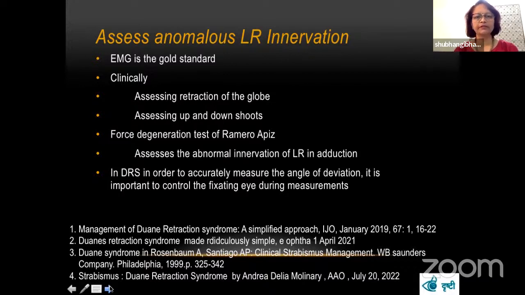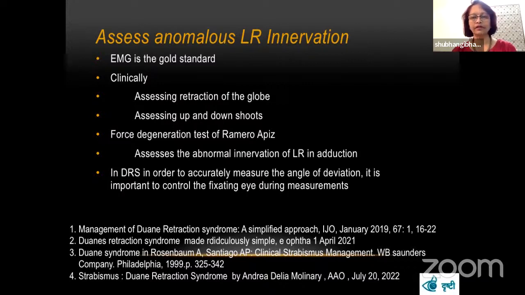Then we have something called the forced duction test of Romano-Apis. It assesses the abnormal innervation of the lateral rectus in adduction. In this test, we ask the patient to keep the eye between the primary position and adduction, and then the temporal limbus is grasped with forceps and the eye is adducted, and the patient is also asked to look in adduction.